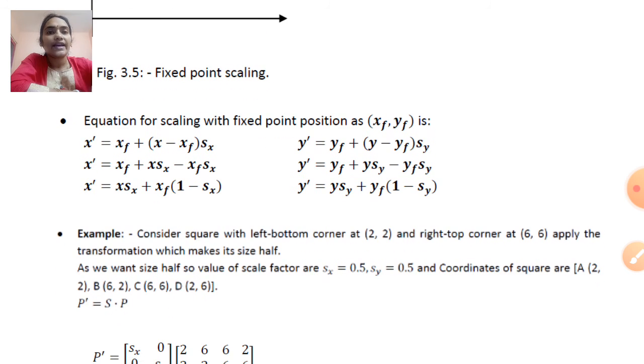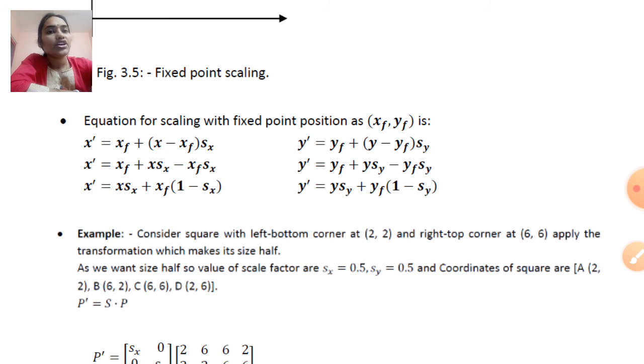If xf, yf is the fixed point position, then the equation is x dash equals xf plus (x minus xf) into sx. That means here we multiply sx with x minus xf. After multiplication, x dash is xf plus x sx minus xf sx.